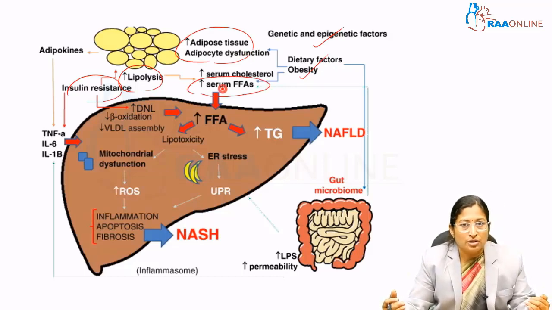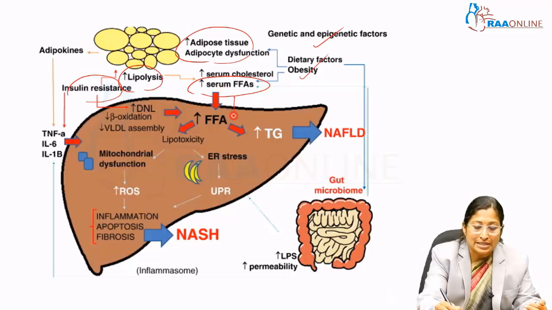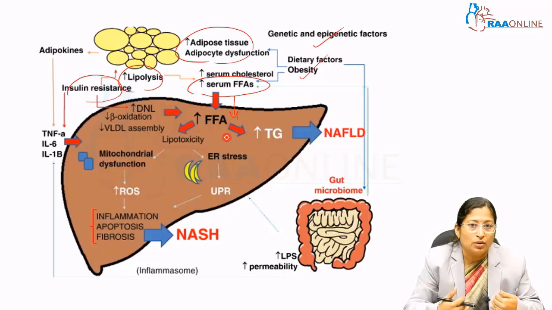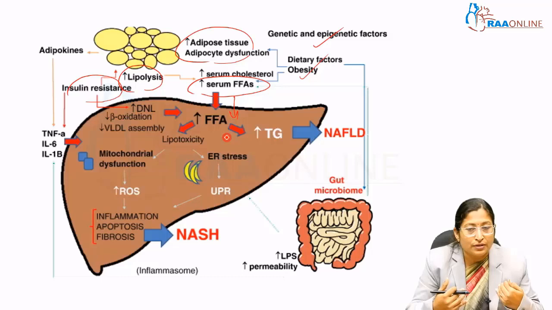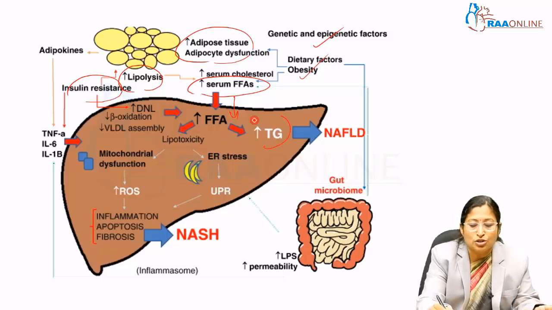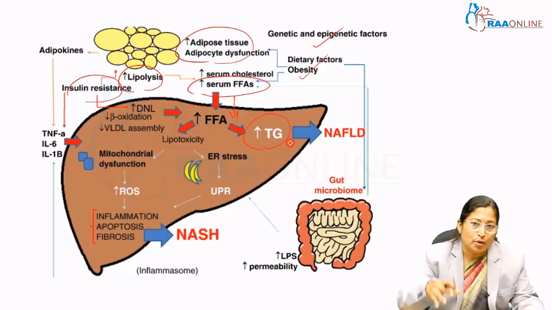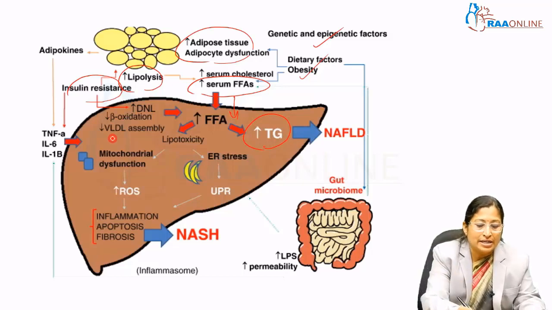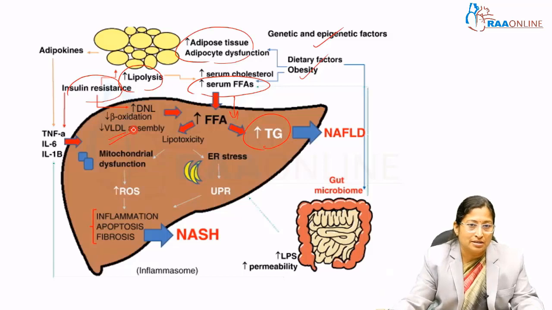Because of insulin resistance, there is increased uptake of free fatty acid from the serum into the liver, and in the liver this increased free fatty acid is converted to triglycerides and deposited. Usually, triglyceride gets packed in the VLDL molecule and is secreted into the serum.